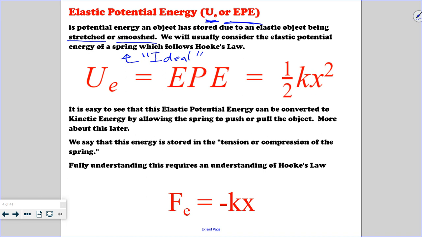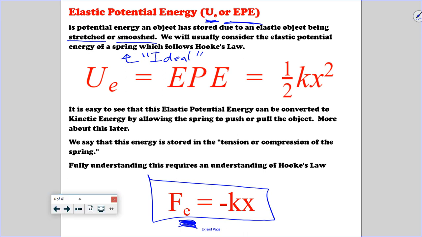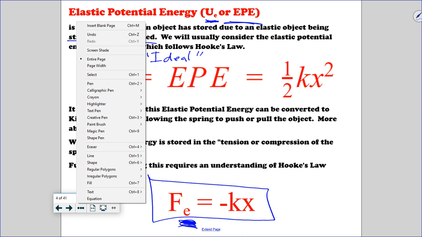So if you don't remember, this is Hooke's law. The elastic force exerted by a spring is equal to negative kx, where k is not defined anywhere on the screen, so we should probably do that real quick. All right, so k is called the spring constant.